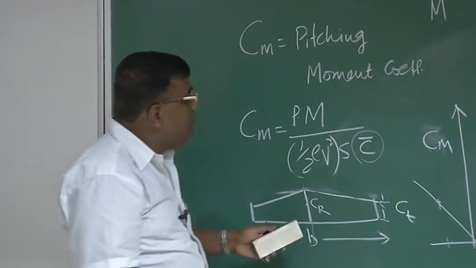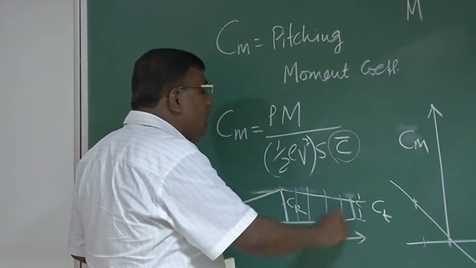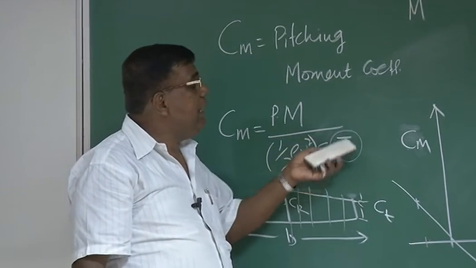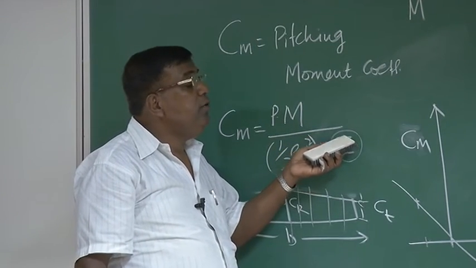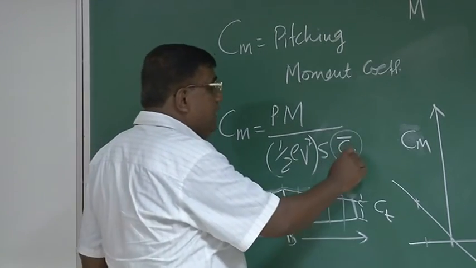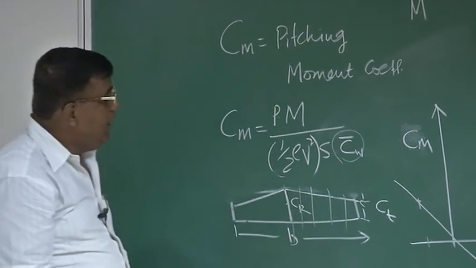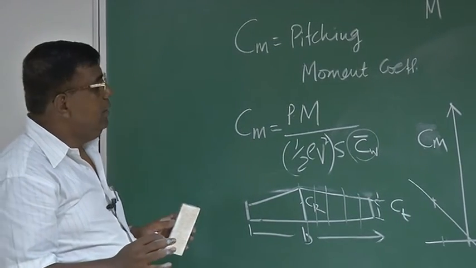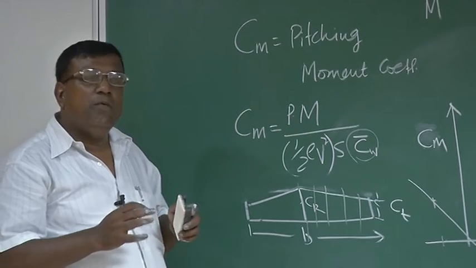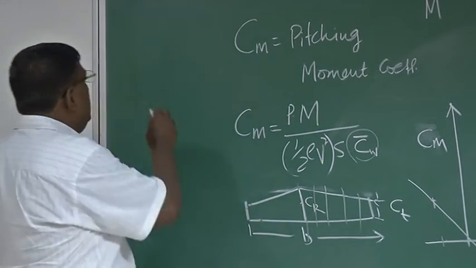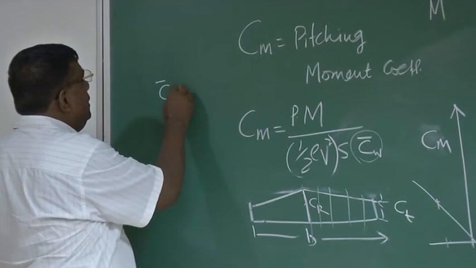But here, because this chord is changing at each station, we define something called the mean aerodynamic chord, and that is exactly what we are writing here with a bar. It is the mean aerodynamic chord of the wing, so I can write CW also. With this diagram you can understand that in an average sense this is a weighted average chord of the wing, and mathematically it is defined by an integral along the span direction, weighted by the chord.